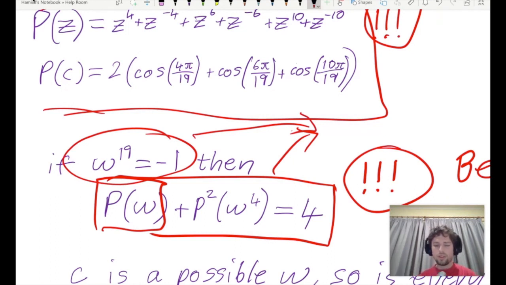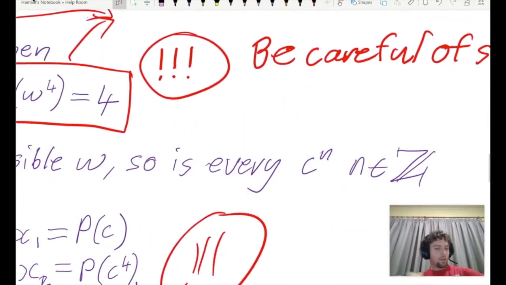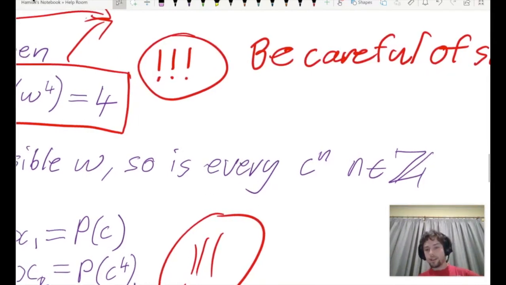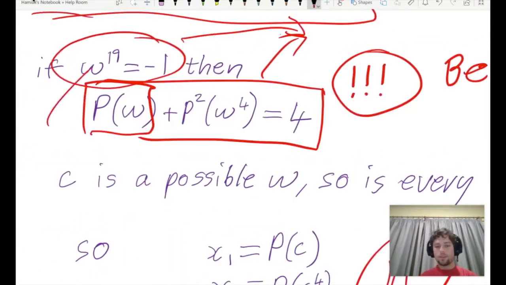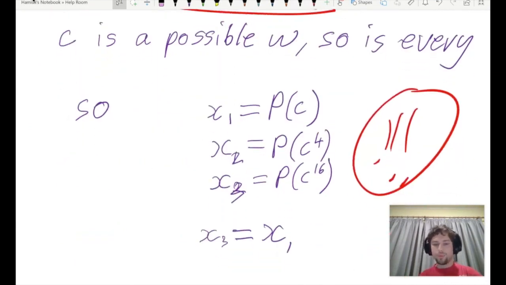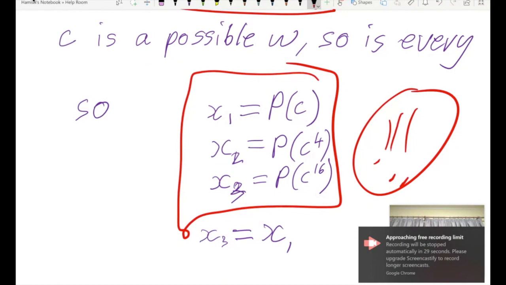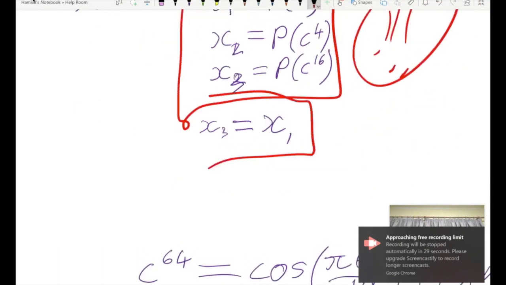One thing to note is that if this is true, then c is a possible value of omega, and because every value of c to the n where n is an integer satisfies the first equation here, you know it's true for all values of c to the power of n. And so if we work it through, we know that this is true, and all we have to prove at this point is that x3, the last one, is equal to our first one.